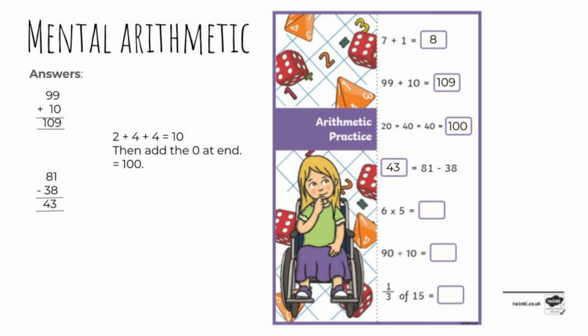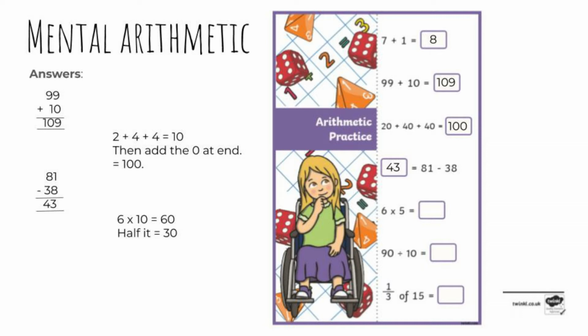Okay, the next equation is 6 times 5. Did you get the answer? A quick way of getting the 5 times table is times 10 and then half. This works because 5 is half of 10.